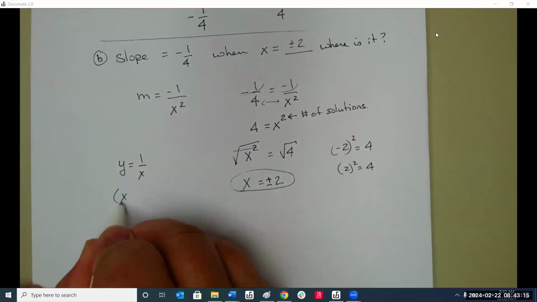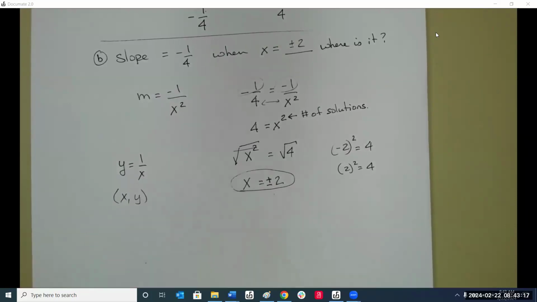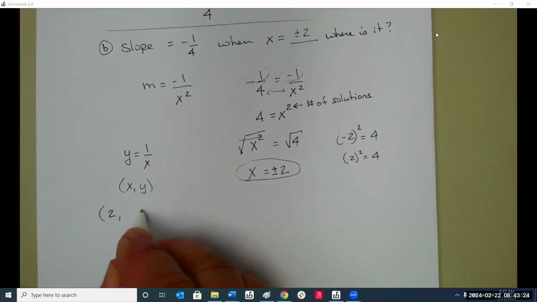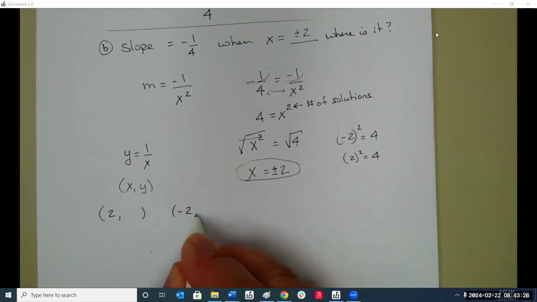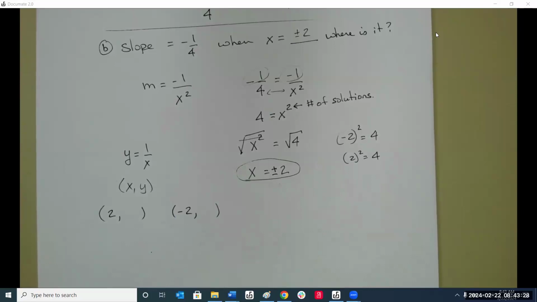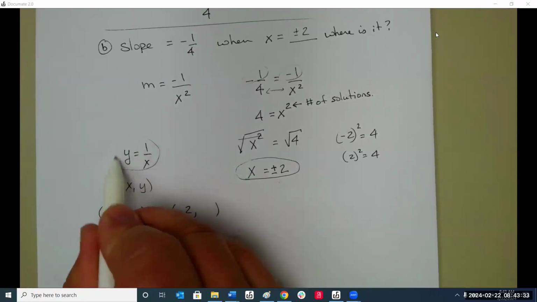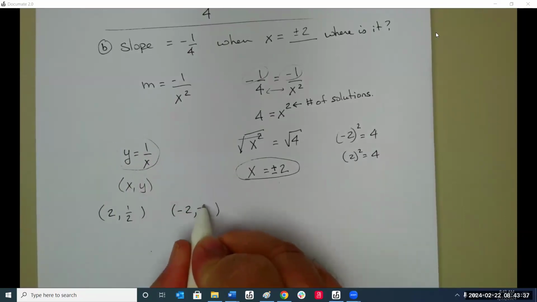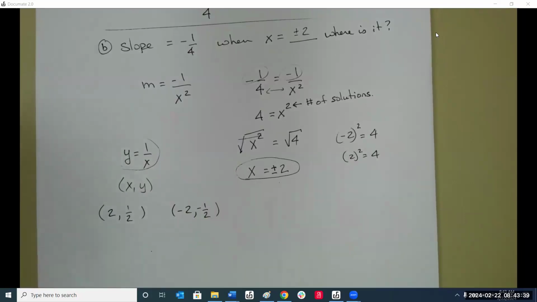We have to find x, y. These are the locations where the slope is -1/4. So we have one of them at 2, and we have one of them at -2. You're right. Plug them into the function. So it's at 1/2, and this one's at -1/2. That's the location. That is where the function slope is equal to -1/4.